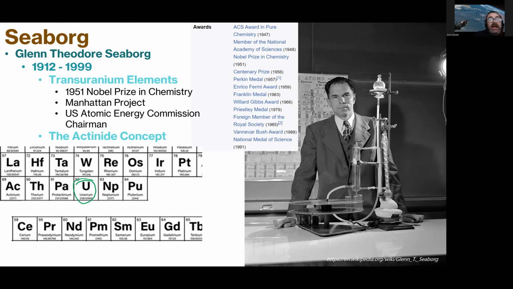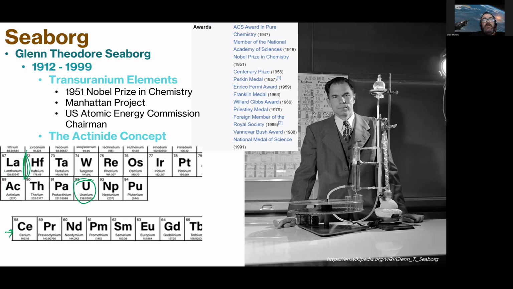At the time, the lanthanides, which are all naturally occurring, were pulled out and put down here. This is period 6, and they all go right here between lanthanum and hafnium. They were pulled out and put down there because they knew what was going on. At the time, the last 3 elements, thorium, protactinium, and uranium, were figured to be transition metals because it just fit the pattern that they were used to.